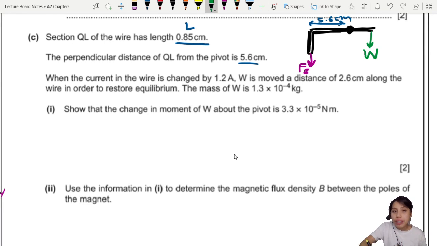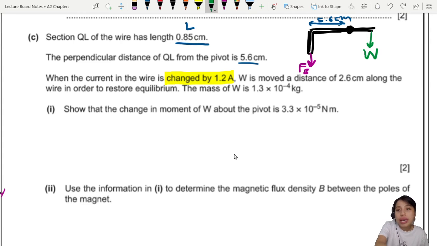Now you change something. The current in the wire is changed by 1.2 amps. So what's going to happen to the force? It could get stronger, it could get weaker. We don't know. Maybe it is increased by 1.2, maybe it's decreased by 1.2. But what we do know is that W has to move a distance of 2.6 either to the right or to the left.